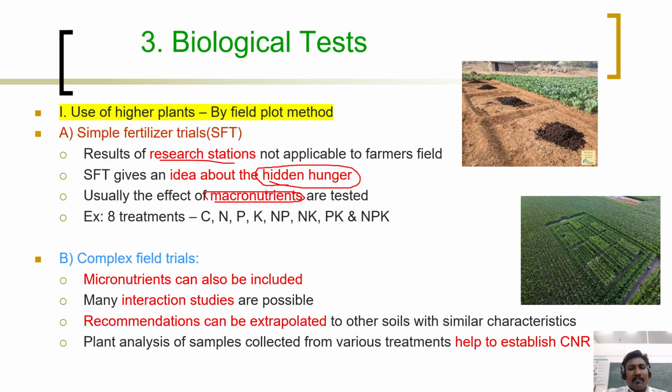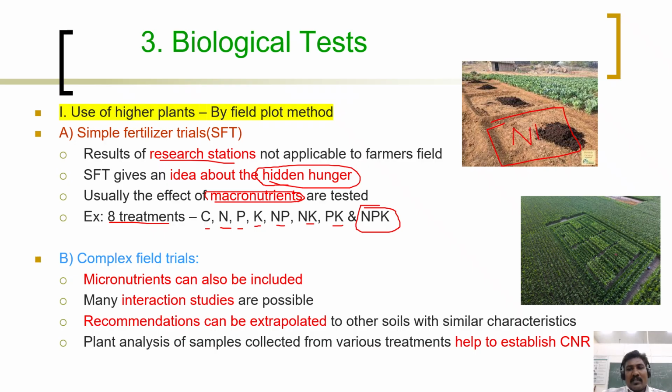Among these NPK, different combinations will be created. So here you can see 8 treatments. The first one is control, then nitrogen, phosphorus, potassium, nitrogen plus phosphorus, nitrogen plus potassium, phosphorus plus potassium, and finally all three nutrients combined. Using this simple fertilizer technique, we can prepare different plots.